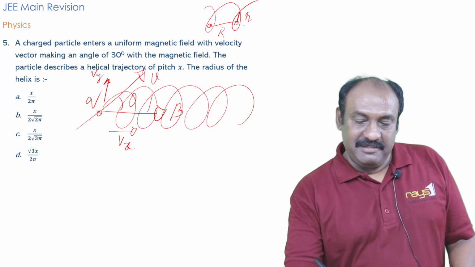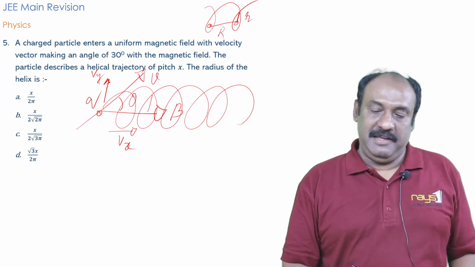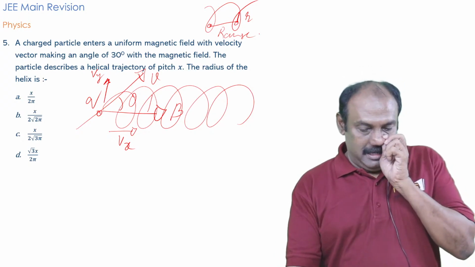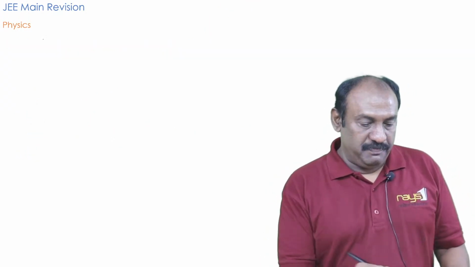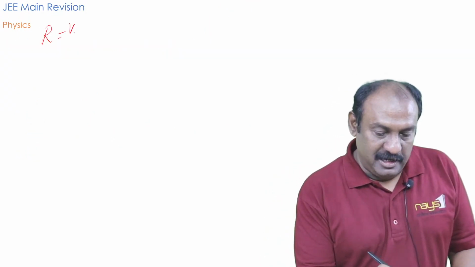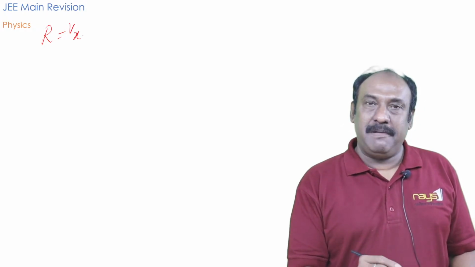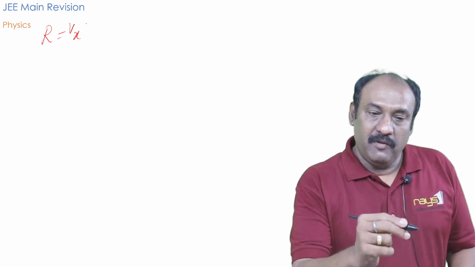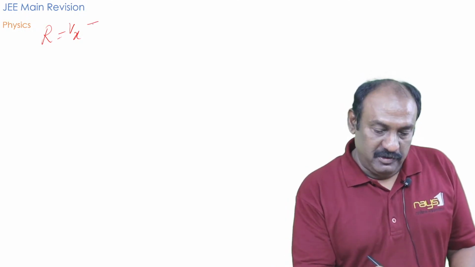So this radius is due to the vertical component of velocity, and this range is due to the horizontal component of velocity. So range is equal to the horizontal component of velocity multiplied by the time taken to complete one circular path, that is one spiral path, that is into t.